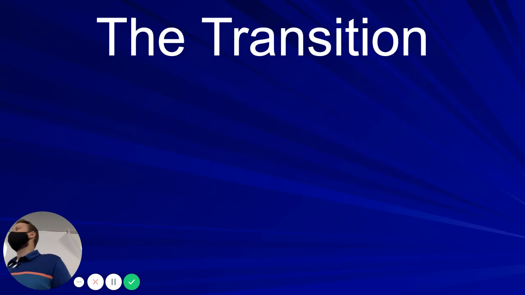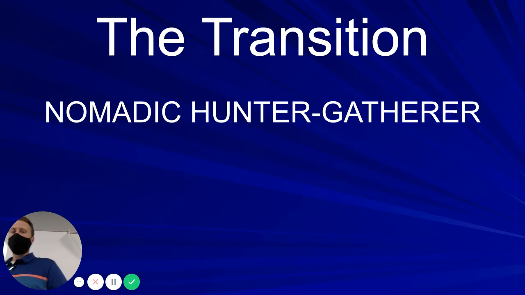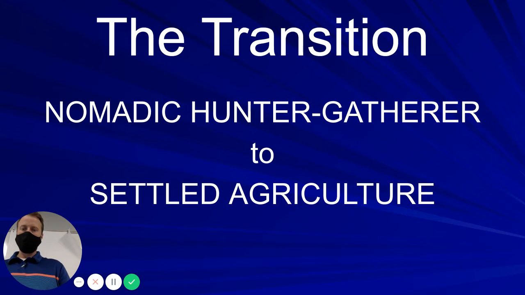So we see a transition from this. We go from this nomadic movement, hunter-gatherer, and transition to a settled agriculture. Agriculture is going to be a massive, very important aspect. Okay?